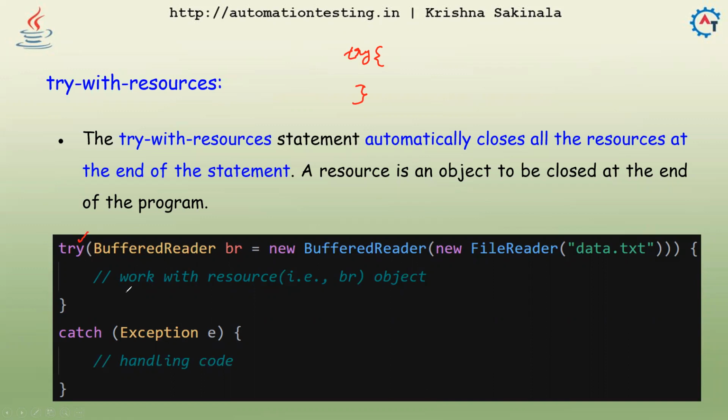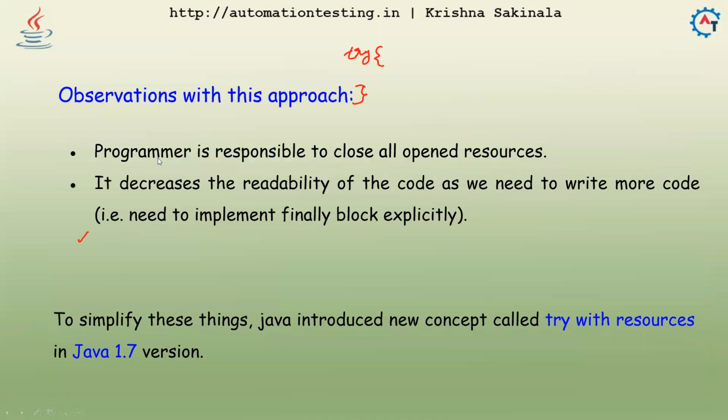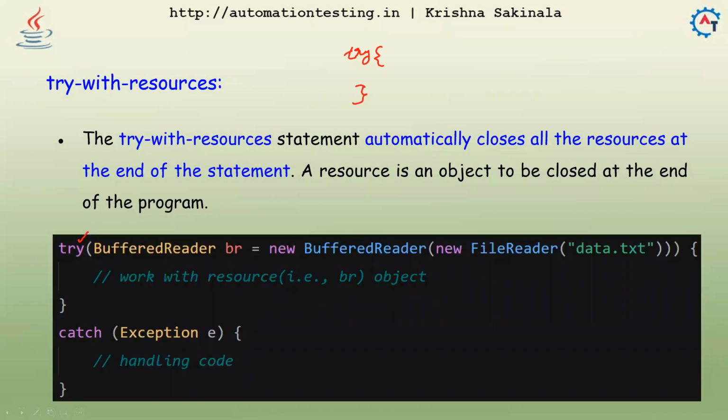Whatever you write inside this, for example BufferedReader br equals new BufferedReader of new FileReader data.txt, which we had written earlier inside the try block, the same thing moves next to the try, as a kind of parameter.